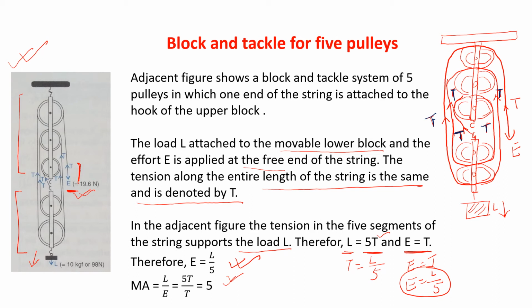Not this one. This one is in the downward direction, the last string. Effort is balanced by this tension. Am I clear? So the load is balanced by 5T and effort is balanced by only 1T. Have you understood, children?